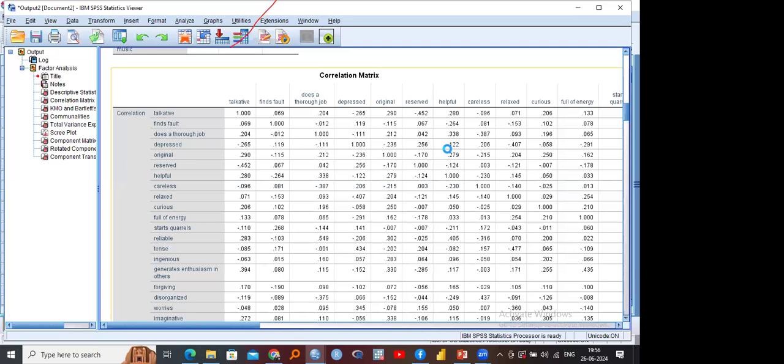So if you have ordinal variables, then software automatically performs Spearman rank correlation. So principal component analysis can be applied on metric data, and it can also be applied on ordinal scale variables. Since we have ordinal scale, the software is performing, rather than Pearson, Spearman rank correlation.